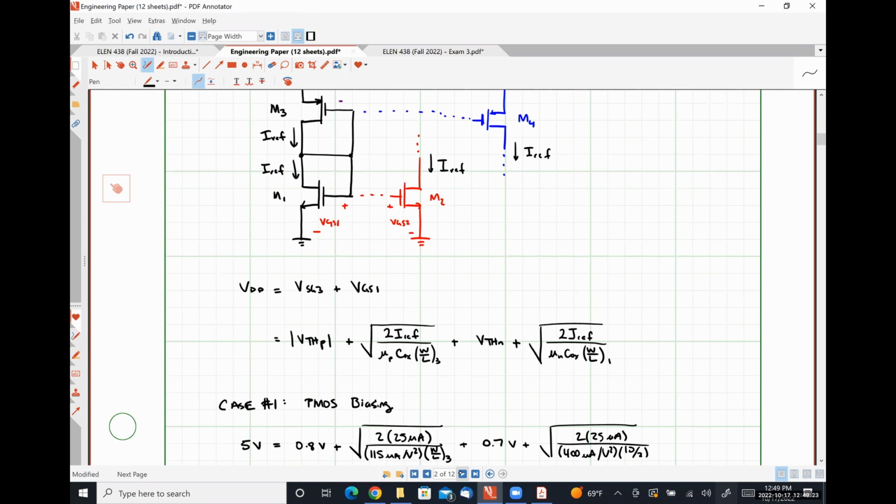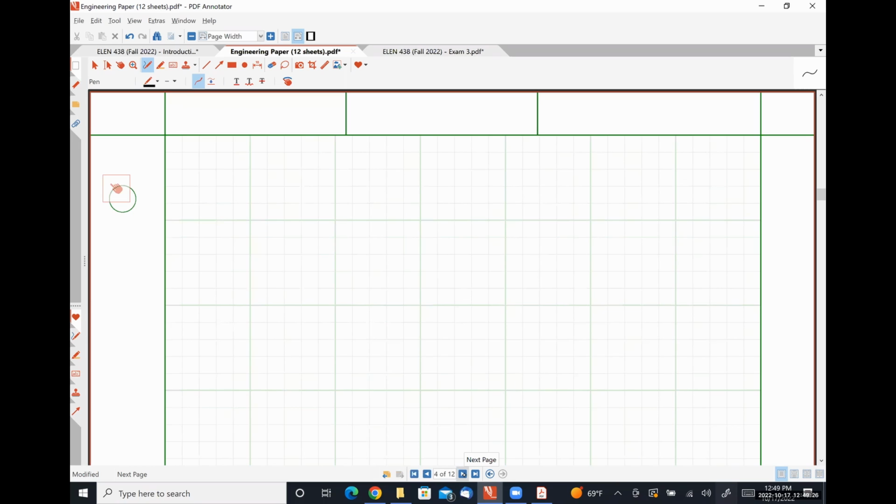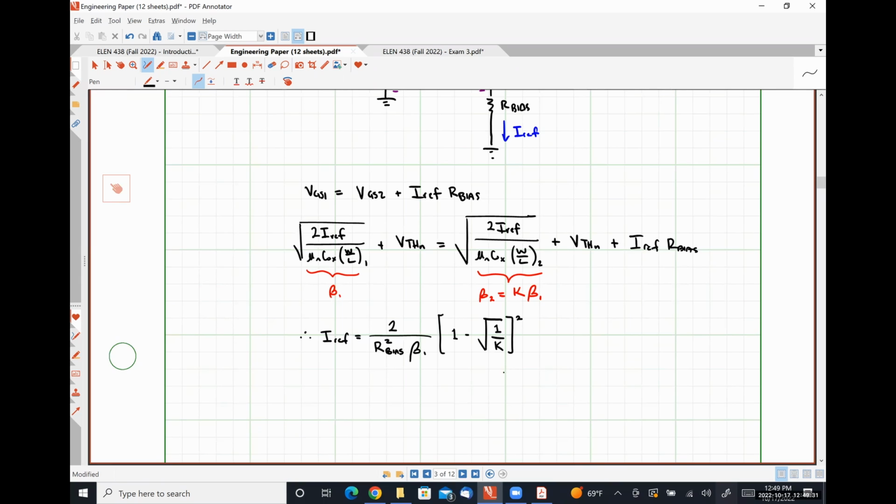Using those exact same parameters, what we would find is, let me do it down here, for IREF equal to 25 microamps with VTHN equal to 0.7 volts and mu n Cox times 10/2, which is our minimum transistor size.